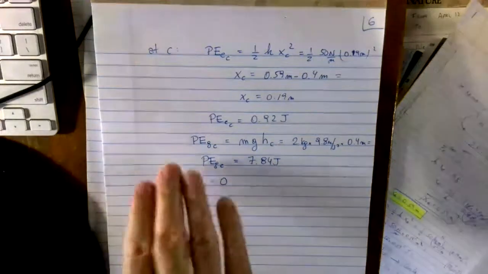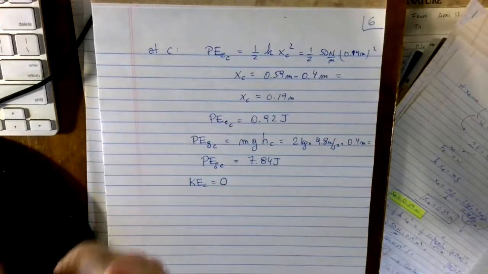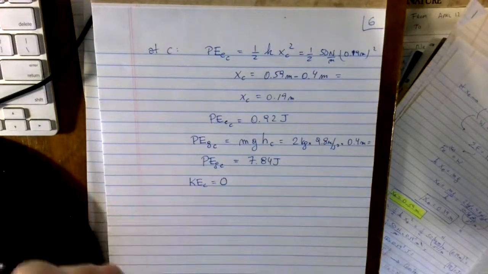That's the point where the kinetic energy is all the way to 0. And then it means that this guy is going to oscillate with the amplitude, or 2 times the amplitude of 0.4. Exactly.